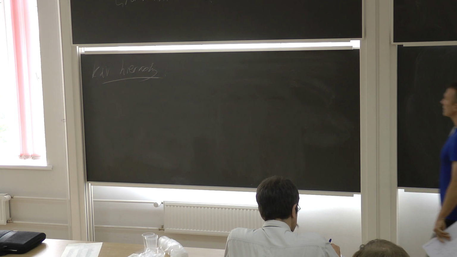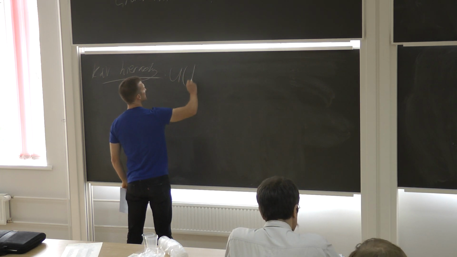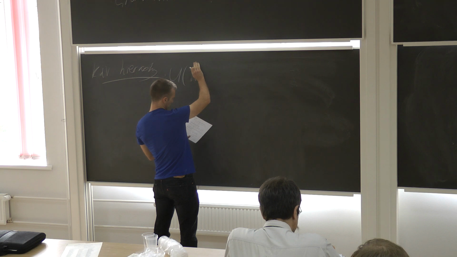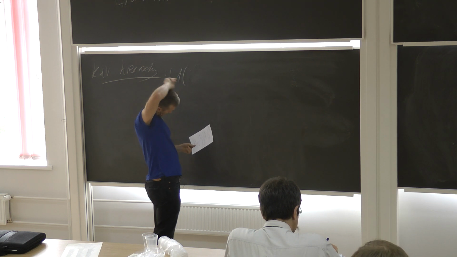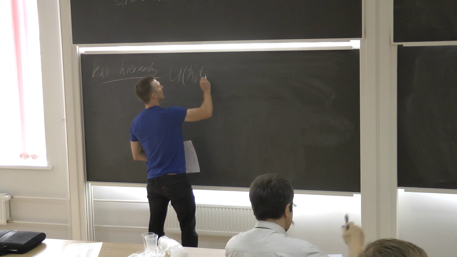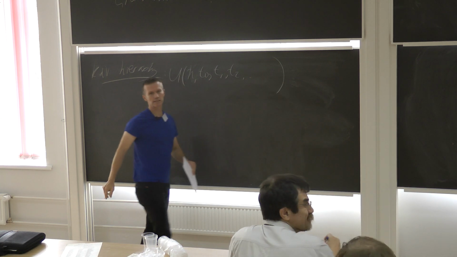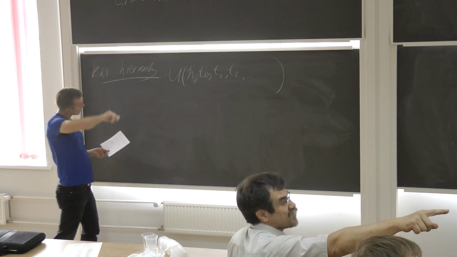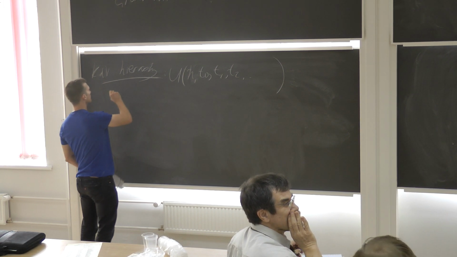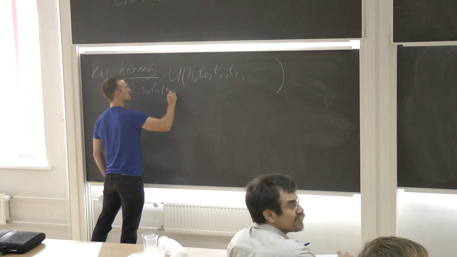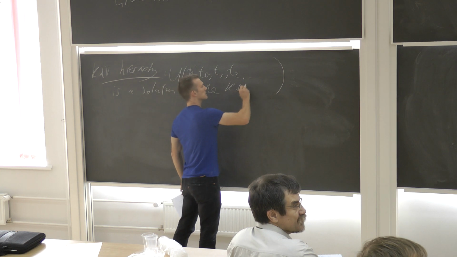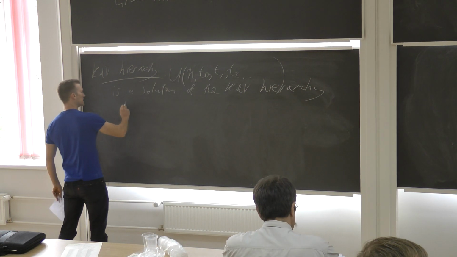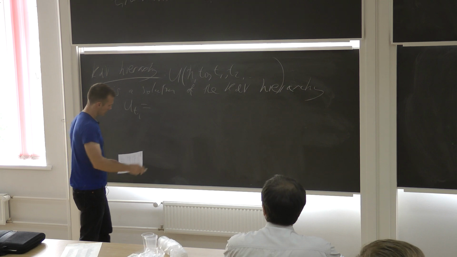So a function u, for some reason I don't have the h-bar dependence, but a function of this sequence of variables t0, t1, and so on, is a solution of the KdV hierarchy if they satisfy, well, I'm only going to write down one of them. This is the KdV equation.